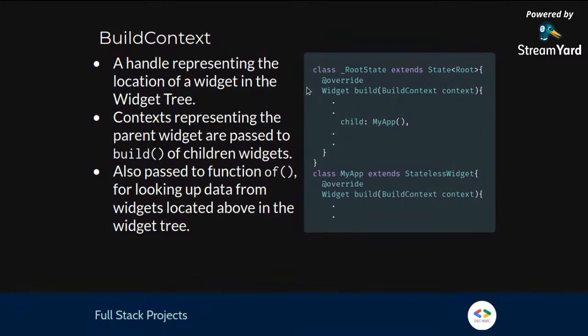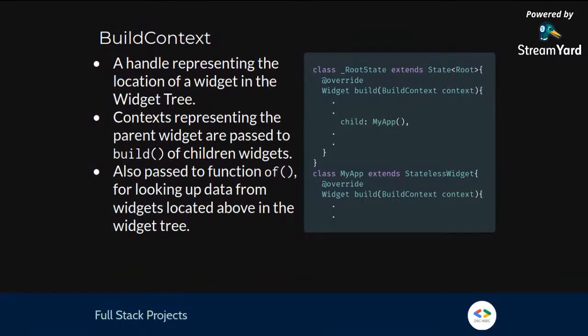Now as we have seen, a common use of context is passing it to a function, as we have used in Scaffold.of(context).openEndDrawer for opening the end drawer. We did that to get a hold of a reference of the scaffold state which is situated above the icon button.